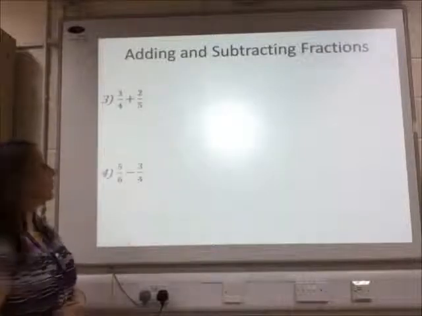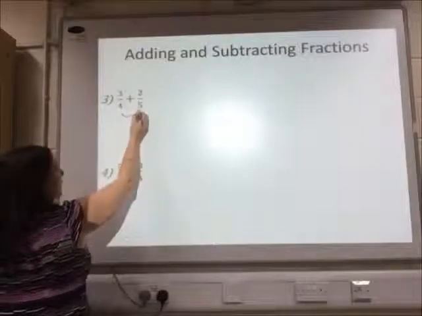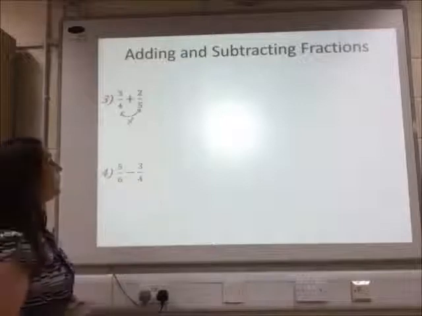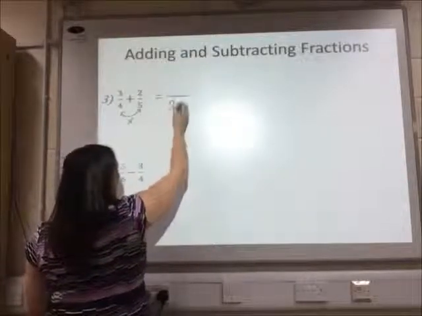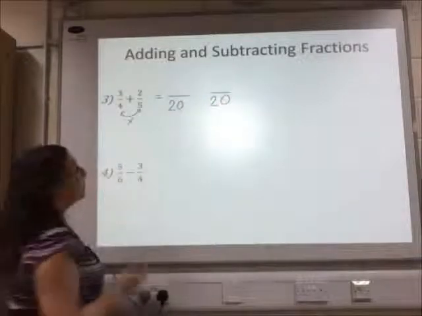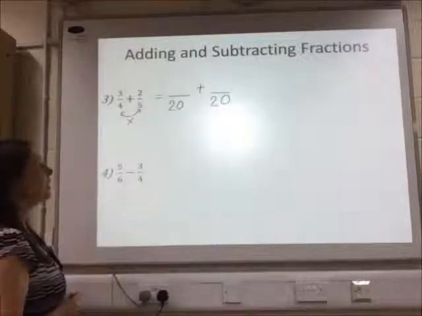Two more examples, following exactly the same process. Again, a common denominator is required, and so we multiply the two numbers across the bottom together. 4 times 5 will give me 20, and so our new denominator will be 20. Addition in the middle, and now look at what we did to the bottom and repeat with the top.